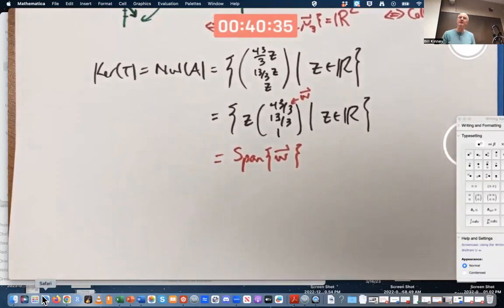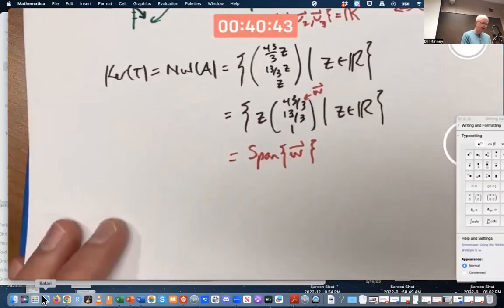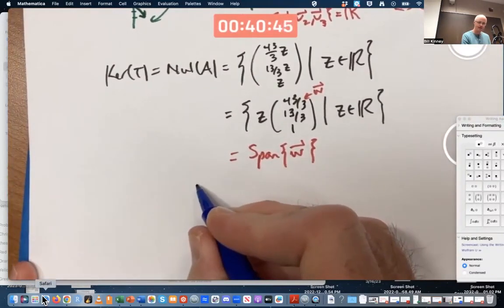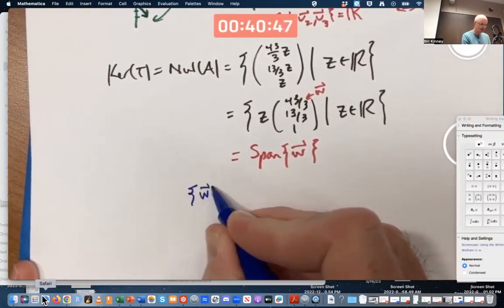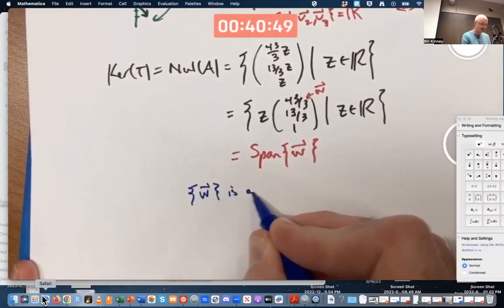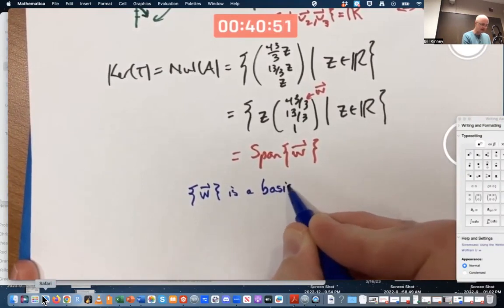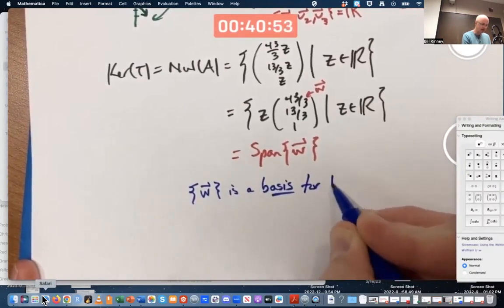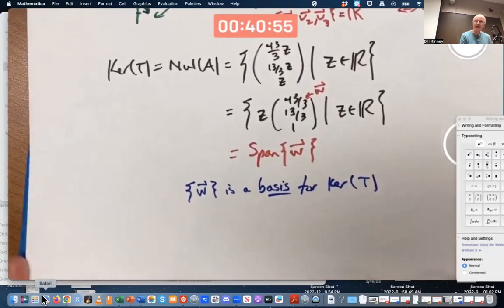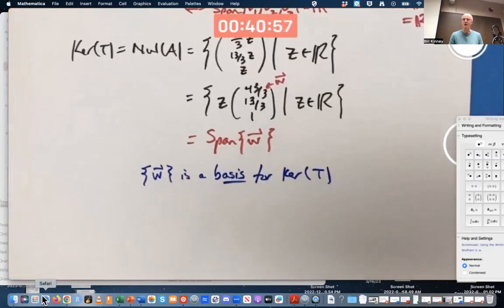W being one non-zero vector does form something called a basis for the kernel. This one vector is a so-called basis for the kernel of T. What does that mean? It's a new word. For one thing, it means it spans the kernel.